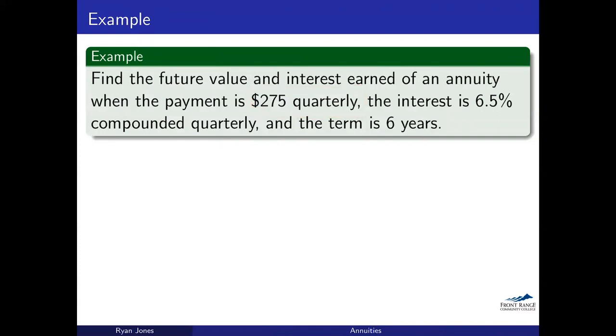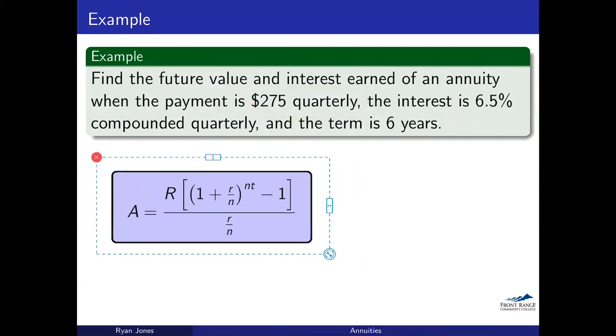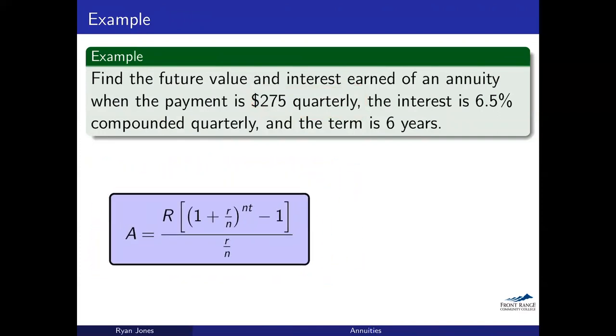So calling out what we need in order to calculate this, we should have capital R, which is that payment amount, and that's going to be $275. We are putting that $275 in 4 times per year. Again, that compounding rate, that payment rate is 4 times per year.